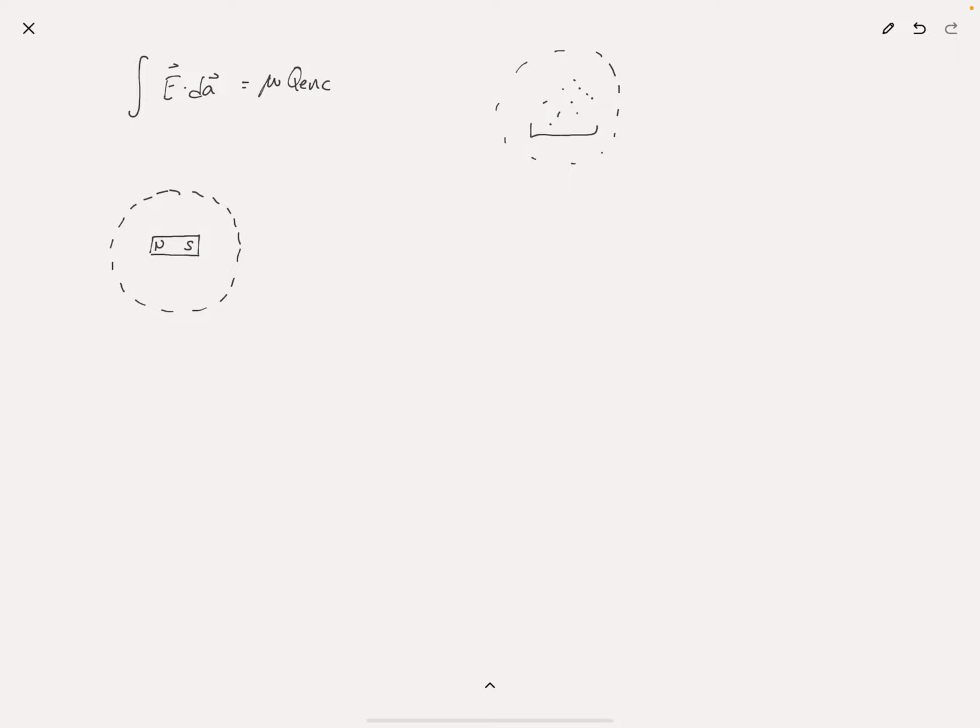Well, if we're saying that north and south are kind of like opposite charges of magnetic particles, then they're going to cancel out. I'm always going to have no net source of magnetic field inside of this sphere.